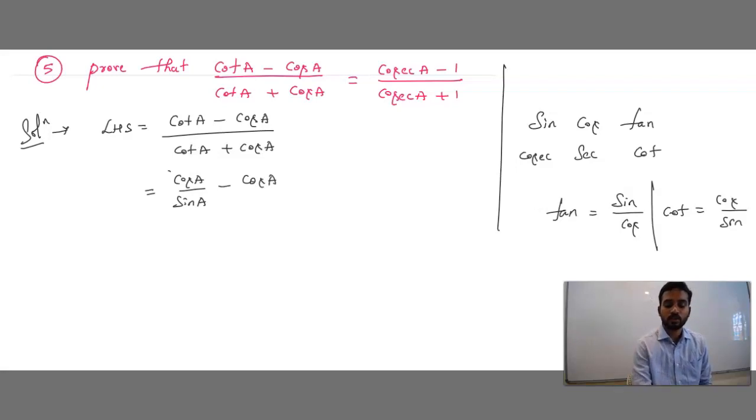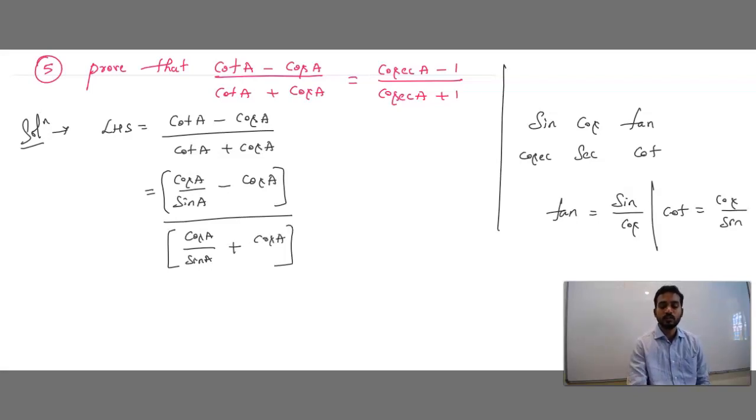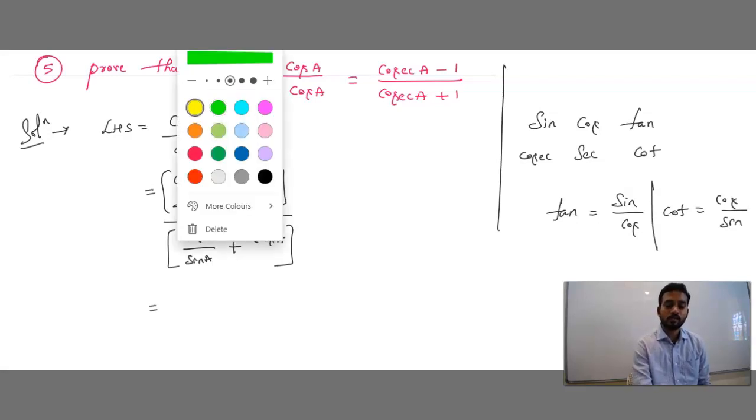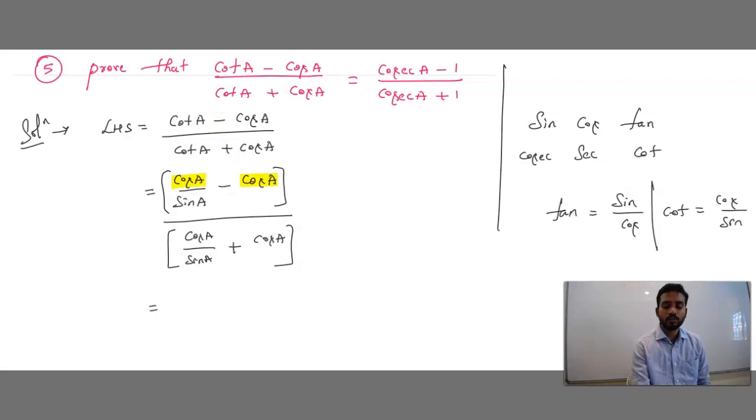Minus cos A. See, whenever you get fractions in numerator or denominator, please use brackets so that you can easily split the parts. That's the reason. Again cot A: cos A by sin A plus cos A. See, in the numerator we can see both have cos A. Here also cos A and cos A. So shall we take cos A as common?